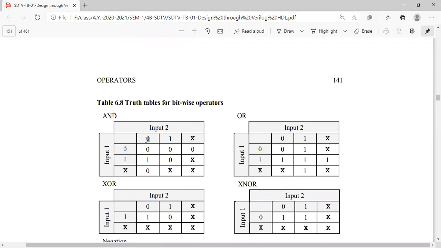And will give the result 1 only when both the input bits are 1. So here it is clearly known that one bit is 0 already, so automatically it will be 0. For X and 1 it will be X, for X and X it will be X, right? So for the others we can see there.